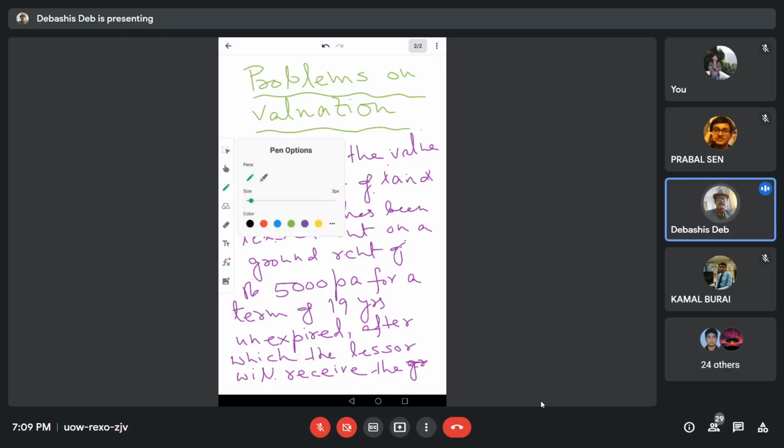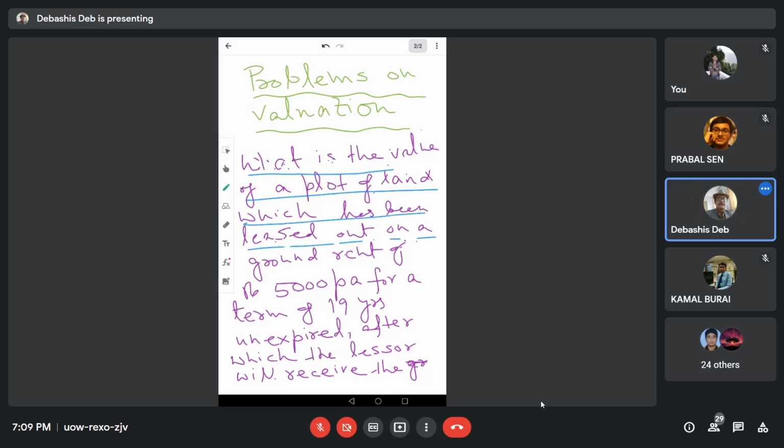Let me repeat. What is the value of a plot of land which has been leased out on a ground rent of rupees 5,000 per annum for a term of 19 years unexpired?